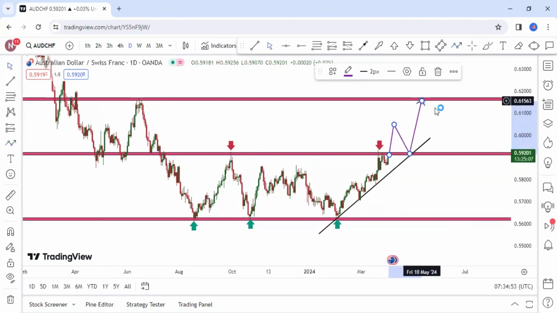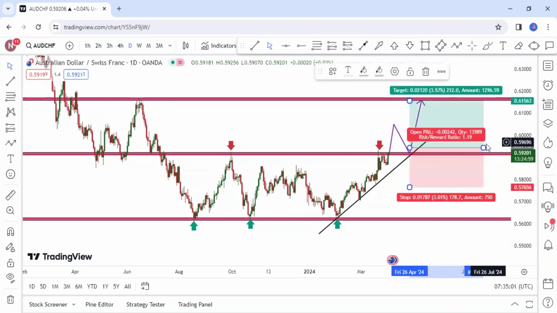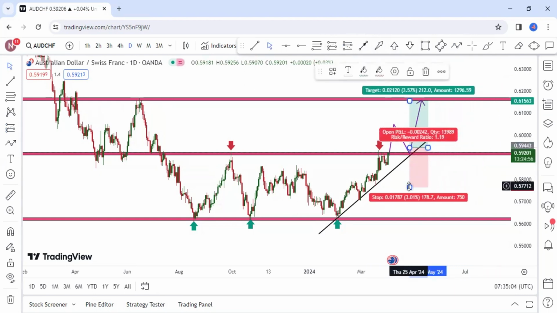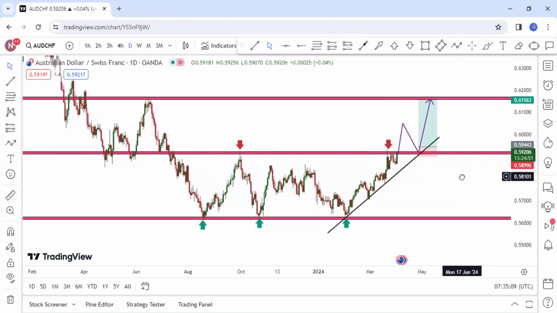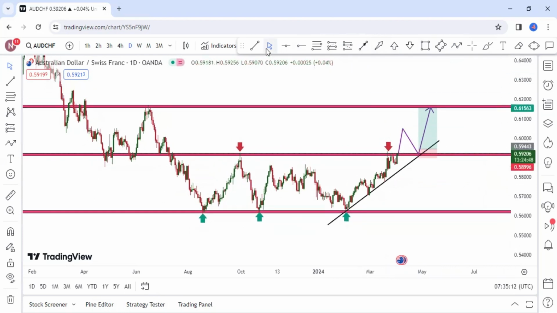Then I will take the trade from here to the next level.